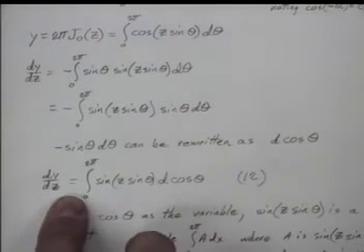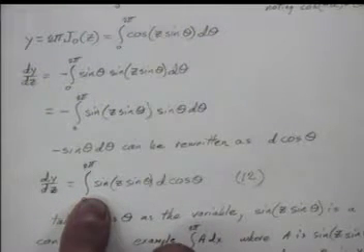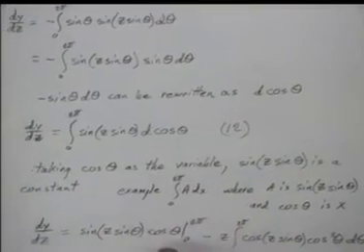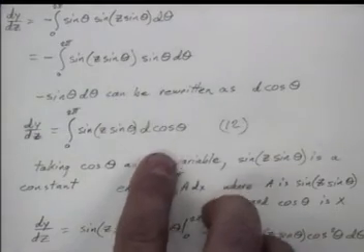Putting that back in here, the minus sign is gone when it went out with the sine theta, and d cosine theta is replaced in this position. Okay, cosine is now the variable.